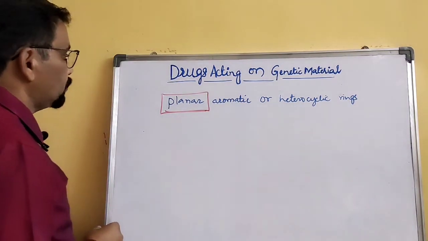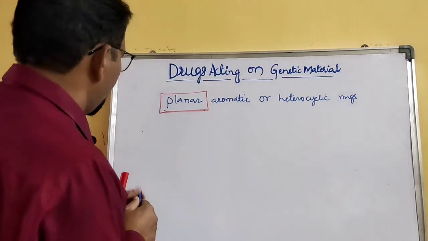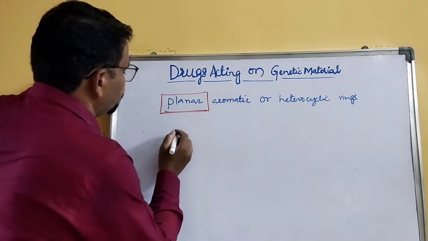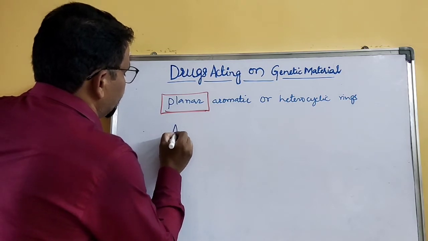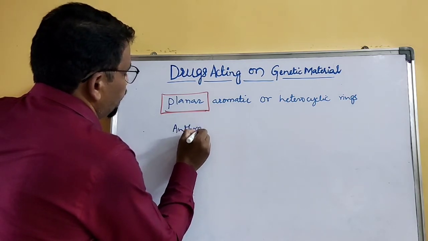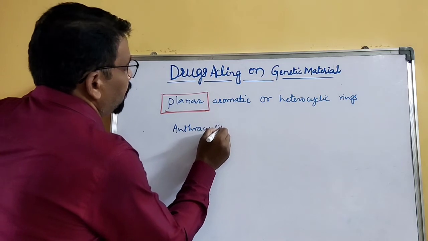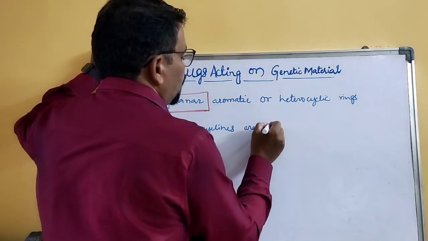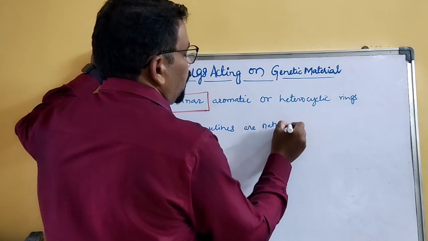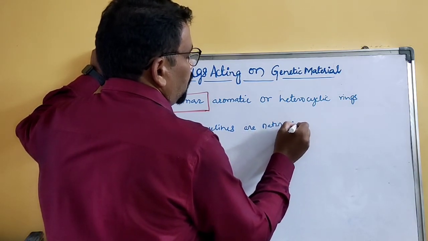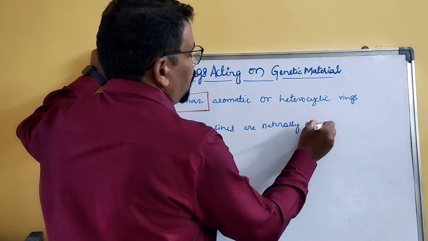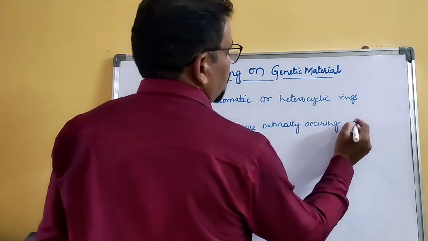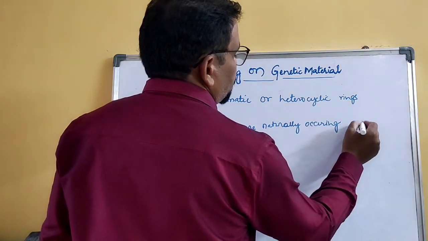Generally, anthracyclines are naturally occurring antibiotics.